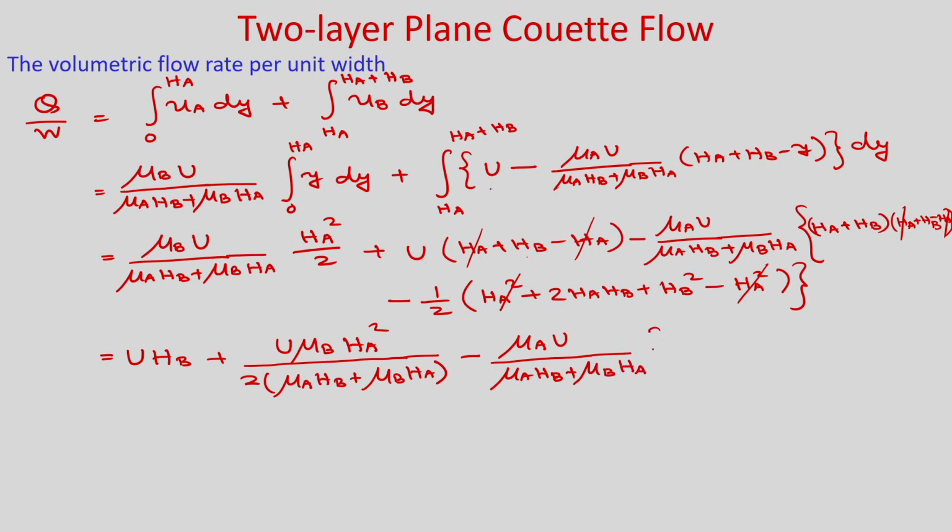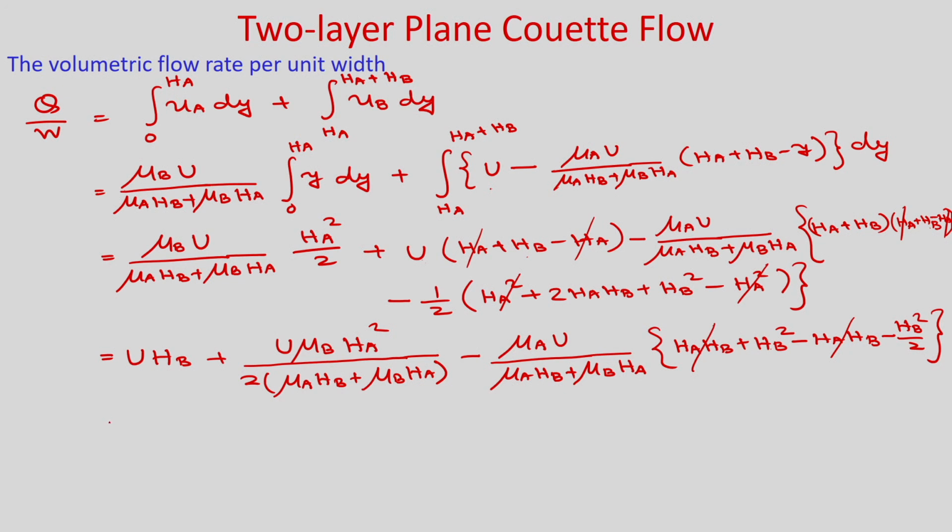Okay. So, here you can see, if you multiply with Hb, it will be Ha Hb plus Hb square, and here we will have minus half. So, it will be minus Ha Hb and minus Hb square by 2. Okay. So, this will get cancelled, and you will get Hb square by 2.